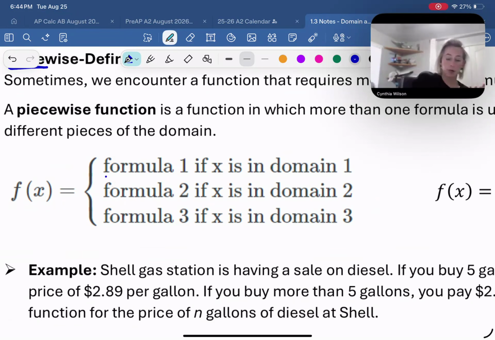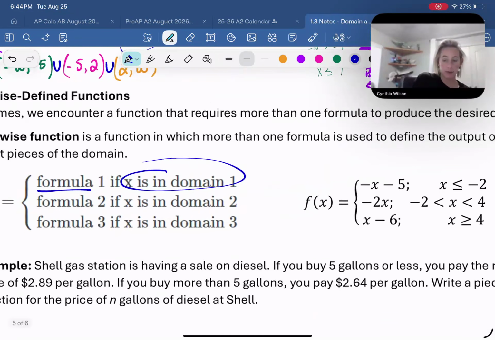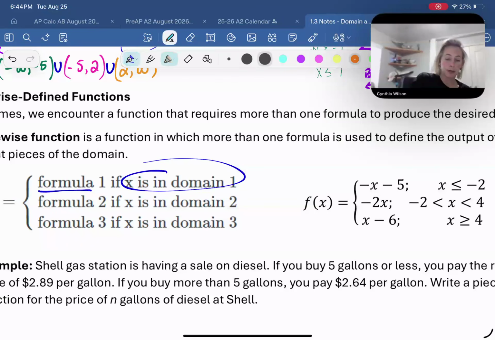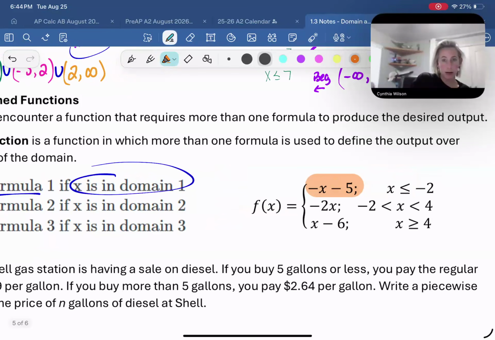So they'll tell you one formula and then tell you its domain. I gave you an example here. I'm going to highlight it. This is my first formula, and it's saying that all my x's have to be less than -2. So the only x's I can put into that orange formula are less than or equal to -2.